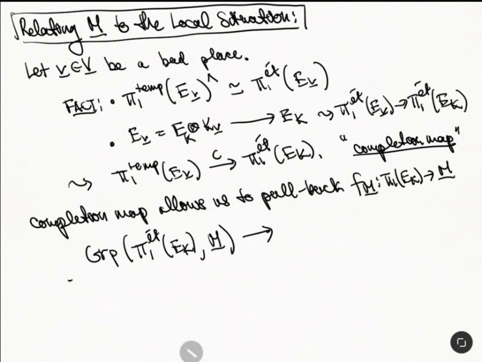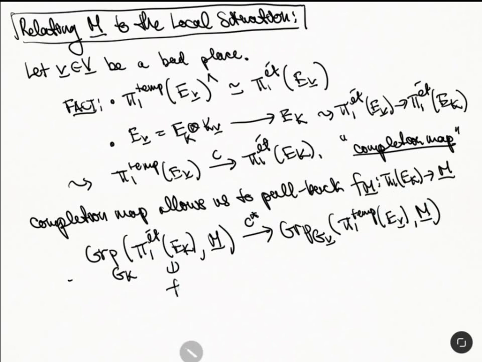I guess these are G K maps, and this is pi 1 G, the local Galois group, pi 1 temp of E V underline. Then you give this the structure of a Berkovich or a rigid space or something, and then you can talk about the tempered topology to M underline. This is the pullback map, and it takes F M to C star F M, which is F M composed with C.